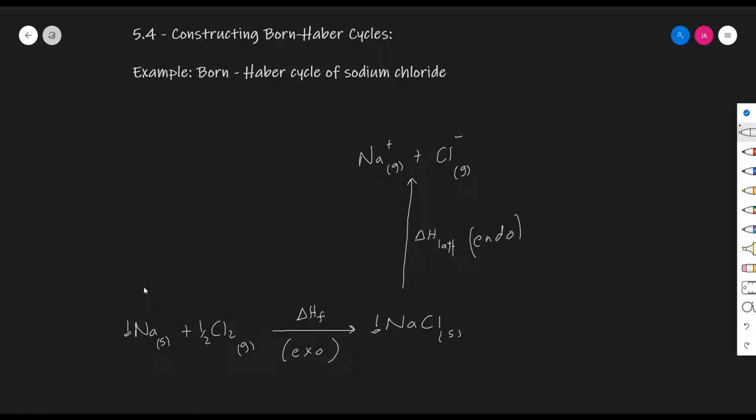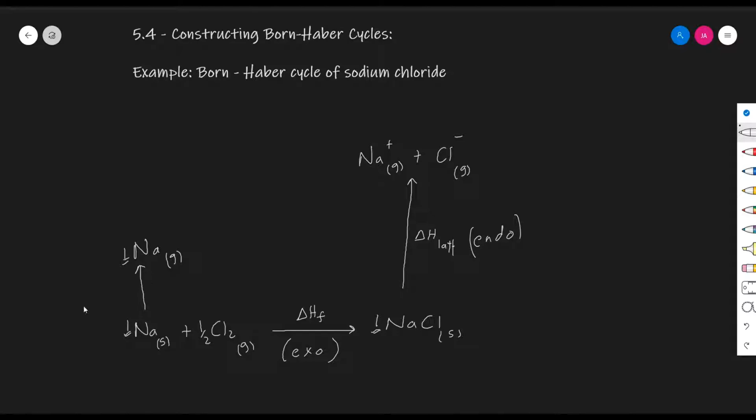Thus, the first process would be to atomize 1 mole of sodium solid, and according to the definition of atomization, it's the enthalpy change when 1 mole of gaseous atoms, thus I would produce 1 mole of gaseous Na, and this is 1 mole because I have 1 mole here, from its element in its standard state.